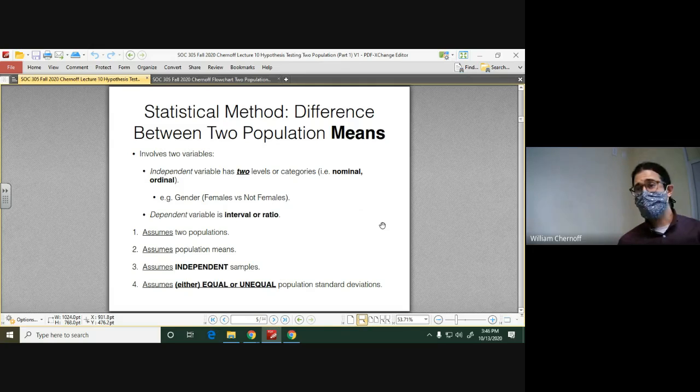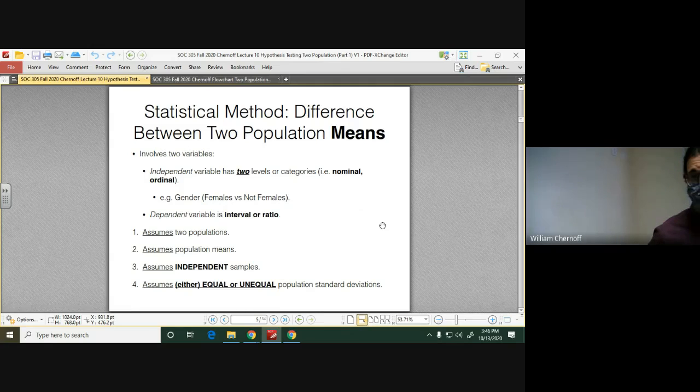Number two, it's going to assume that we're talking about population means. Whenever we're interested in comparing two population means, this is the method for us. So if you've got a variable that only makes sense to think about in terms of proportions, then don't use this method.